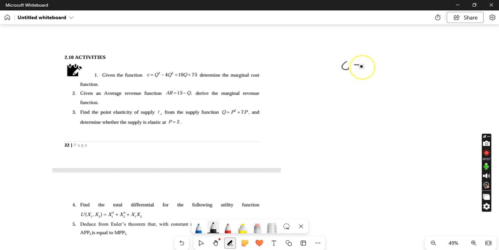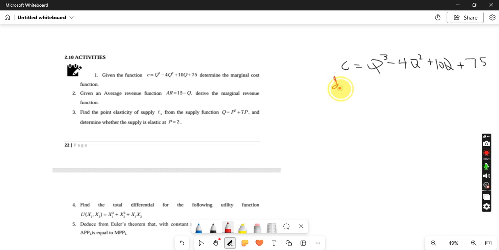We've got C equals Q cubed minus 4Q squared plus 10Q plus 75. So the marginal cost is the derivative of the total cost function.